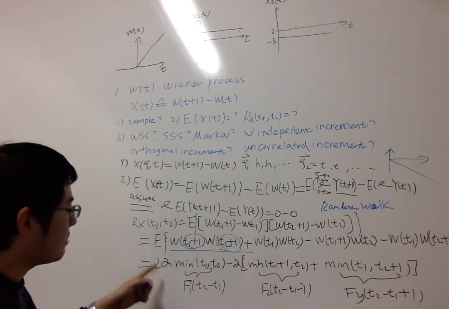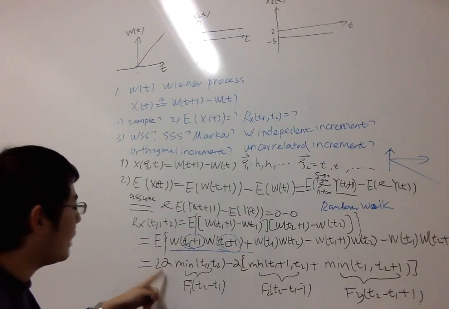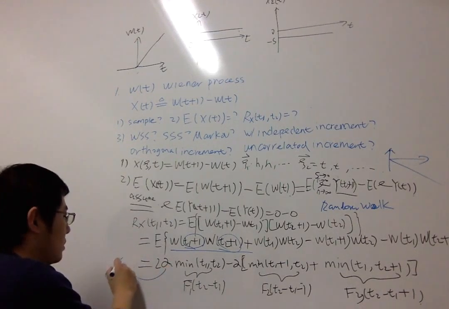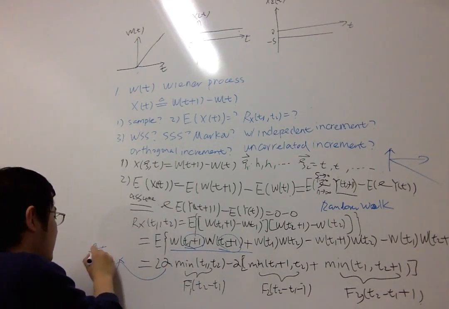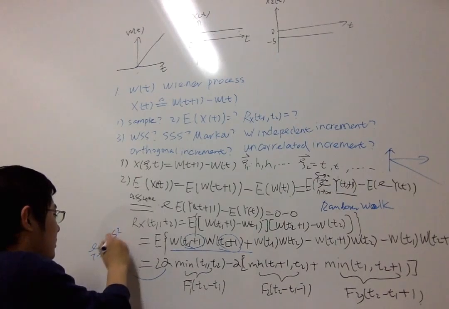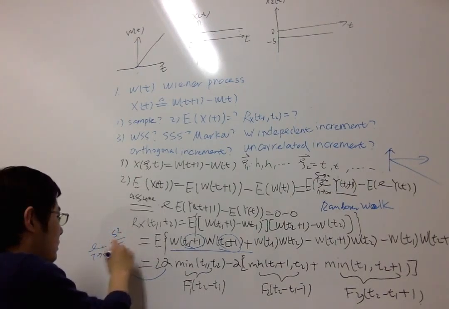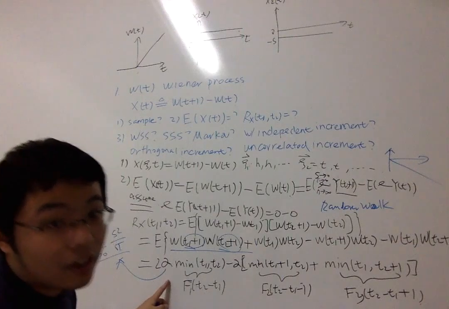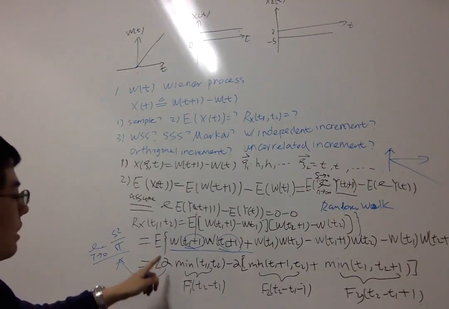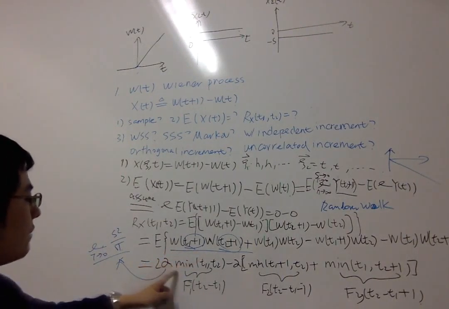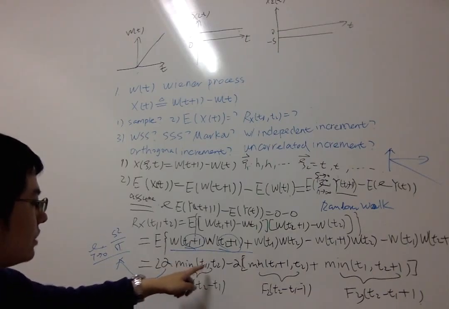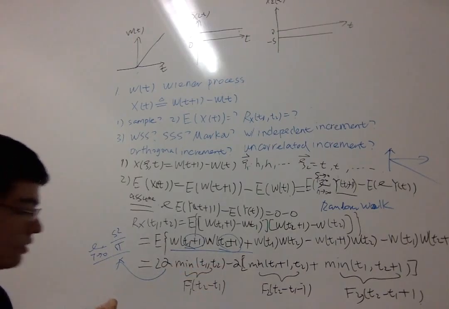So it should be minus 2 alpha, with alpha a constant, times the minimum value of t1 and t2.